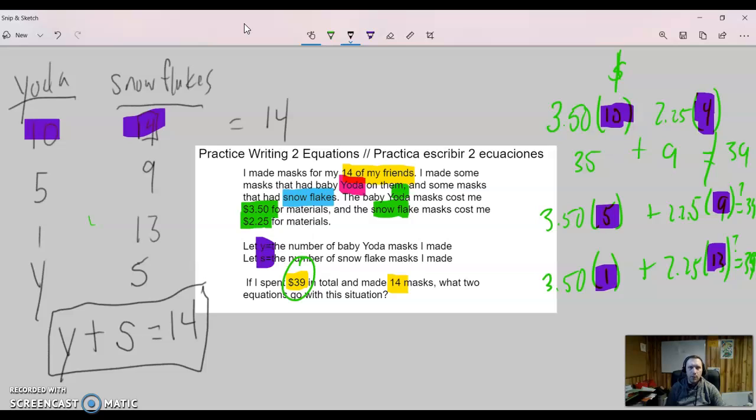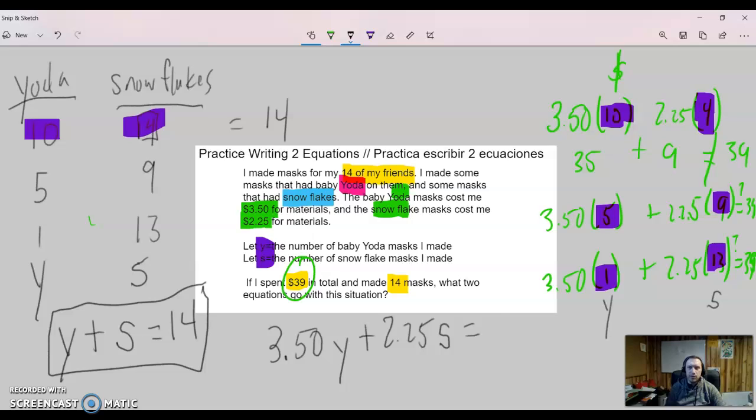Then, if I was to try to find out the cost, right, let's put Yoda in for these guesses and snowflakes in for these guesses, and we end up with 350 times the number of Yoda masks plus 225 times the number of snowflake masks.